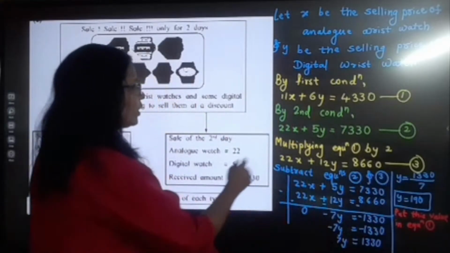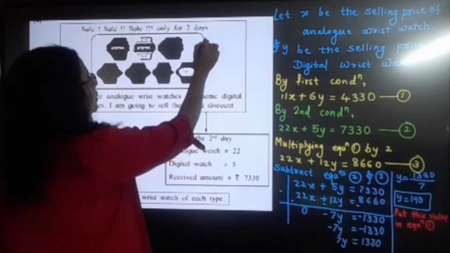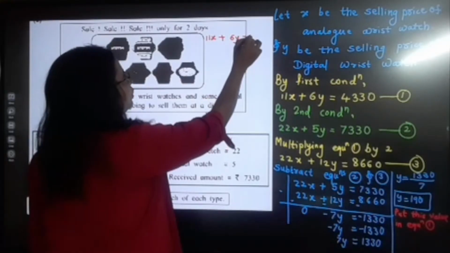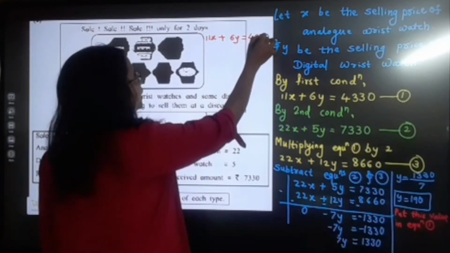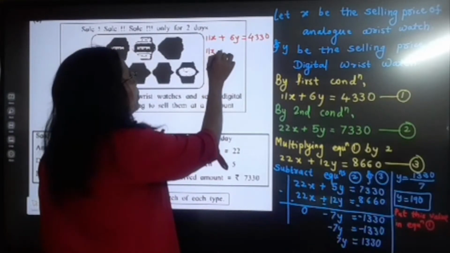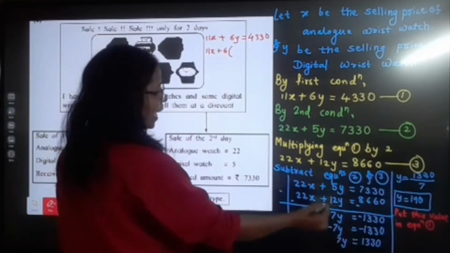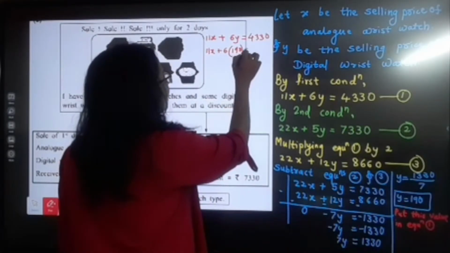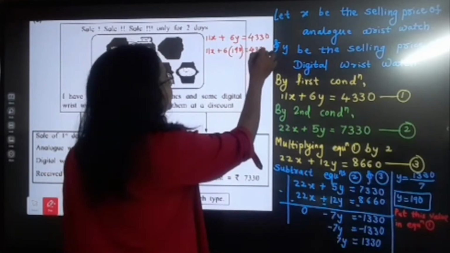So now equation 1 is 11x plus 6y is equal to 4,330. That means 11x plus 6 multiplied by 190 is equal to 4,330.